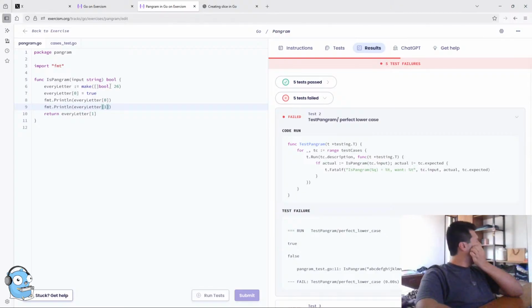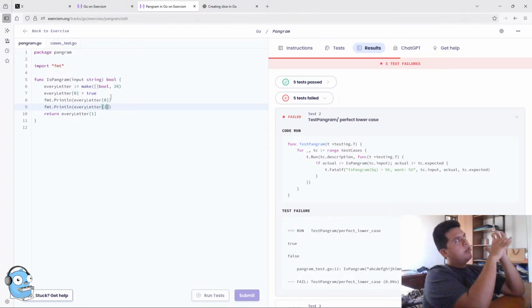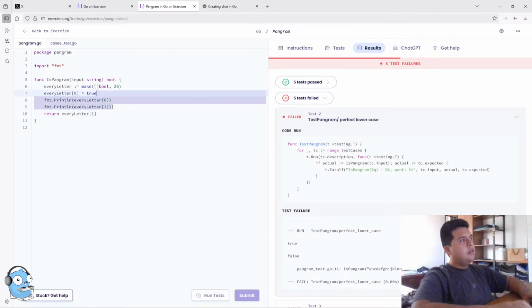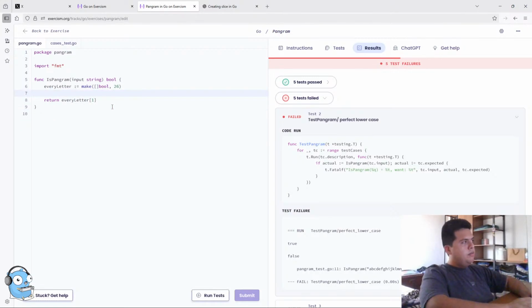That means that every bool value that I make, if I don't say whether it's true or false, is always false. Okay, so I will take the input string. For i equals 0, i is less than the length of the input, i plus plus.